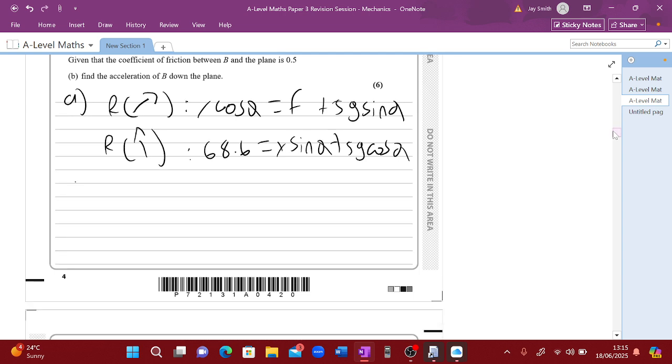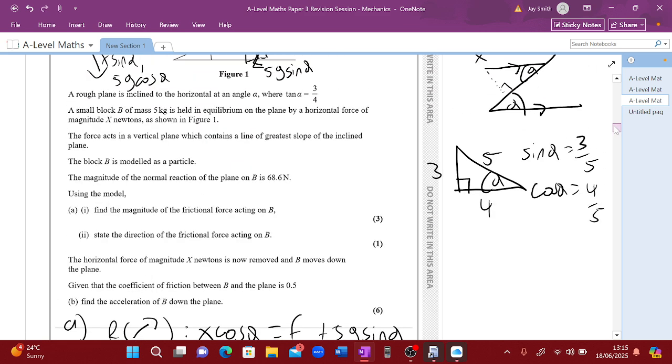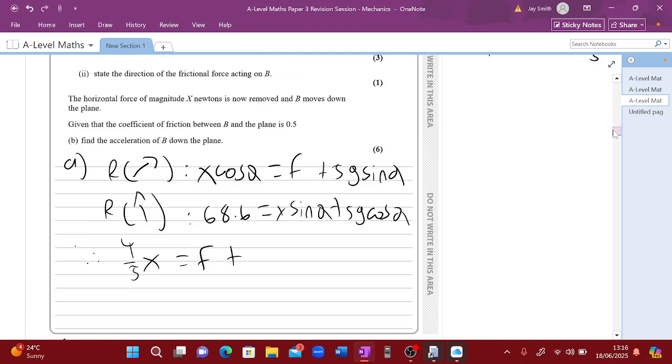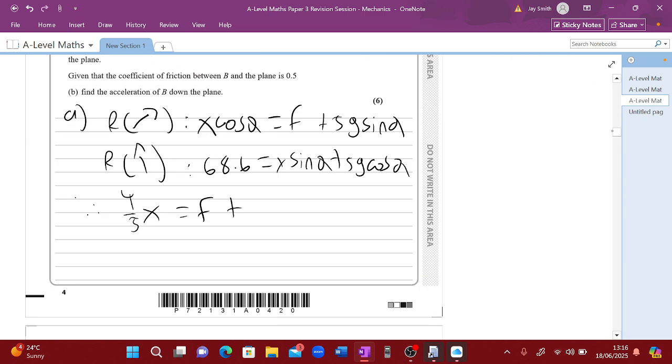Anyway, so now we can plug this in. That's x, by the way. So let's look at the first equation then. x cos alpha, well, cos alpha is 4 over 5, so that's 4 over 5x, and that's going to equal f add 5g sine alpha. Sine alpha is 3 over 5, so it's 3 over 5 times 5, which is 3, right?